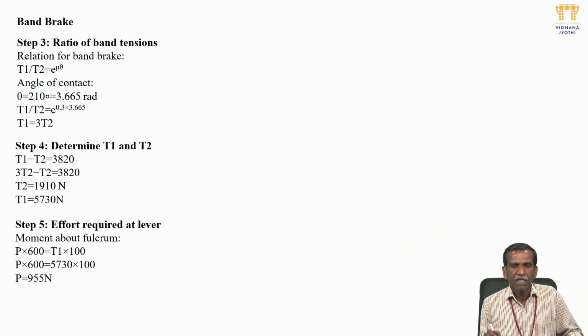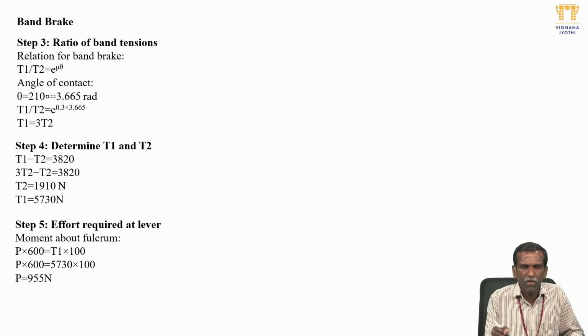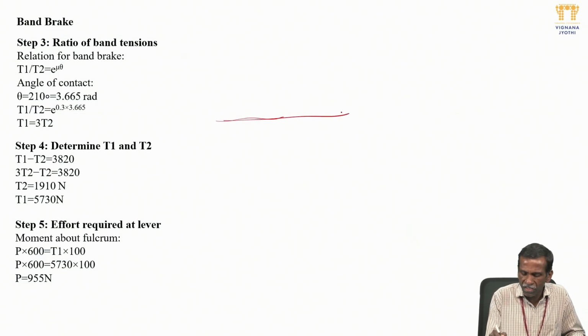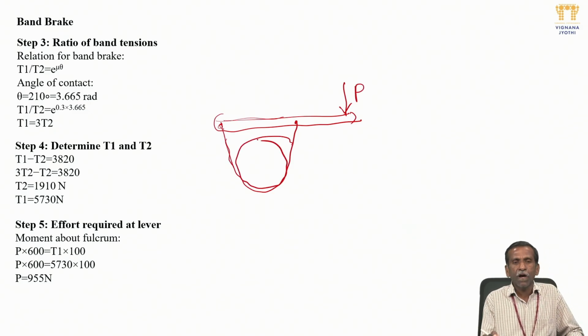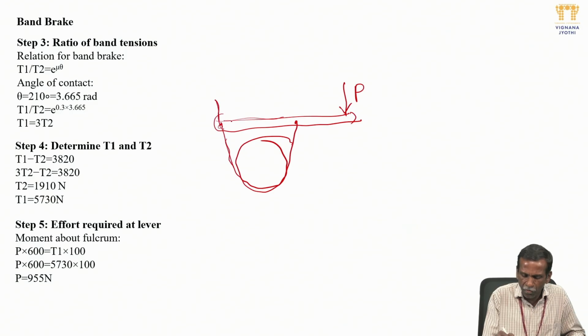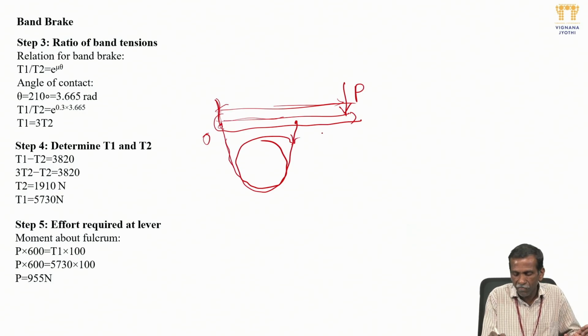Okay, if you want the effort, then obviously you take the moments. This is a simple brake, so you need to take moments. This is the lever with the fulcrum; one end of the band is attached, and the other end is attached to the lever. This is the effort P we are going to apply. This is the drum which is going to rotate. If you take moments about the fulcrum, P into 600, and here I am taking only the lever. On the drum, this is T1, and this is T2.